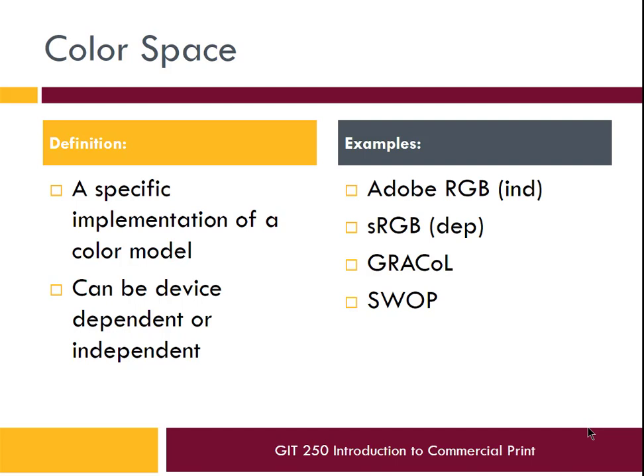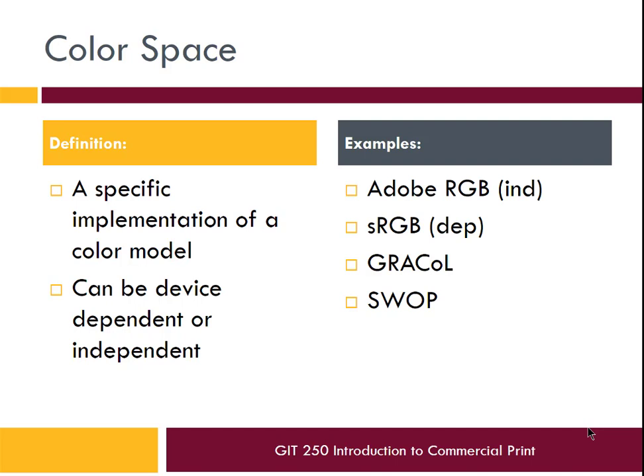Adobe RGB is just a specific implementation of color values that Adobe, among other companies, came up with and said, here's a standard. We can work within it because they're known values. It's a set gamut. It's device independent, I should say, because it doesn't rely on a specific type of device. It's not geared towards working best on a certain type of device.